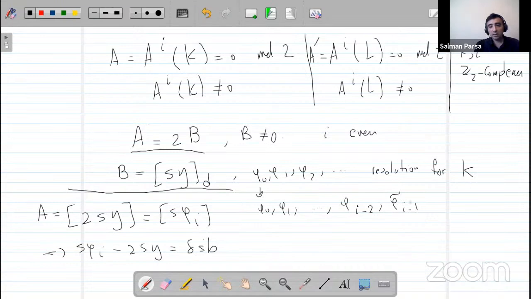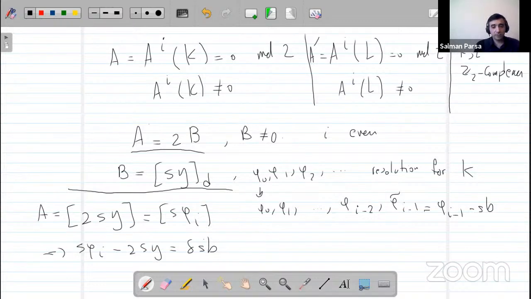Now I set phi tilde I minus 1 to be phi I minus 1 minus SB. Now if I compute the coboundary of phi I minus 2, you will see that up to here it will be a correct resolution.